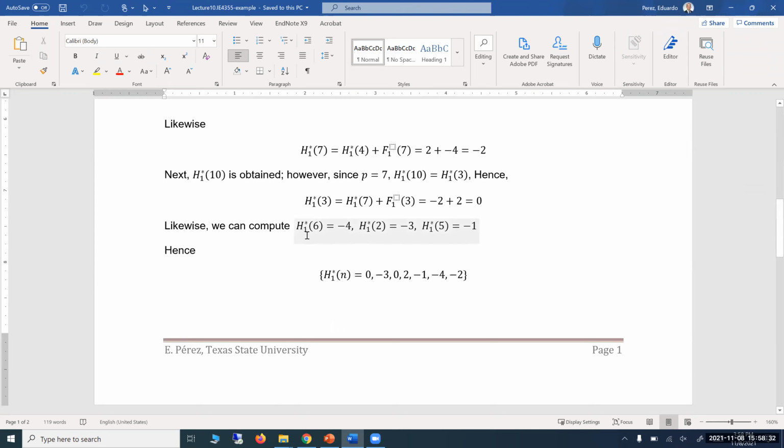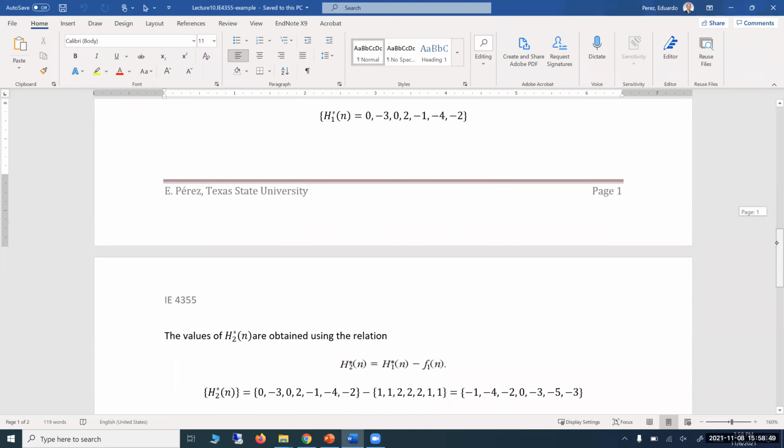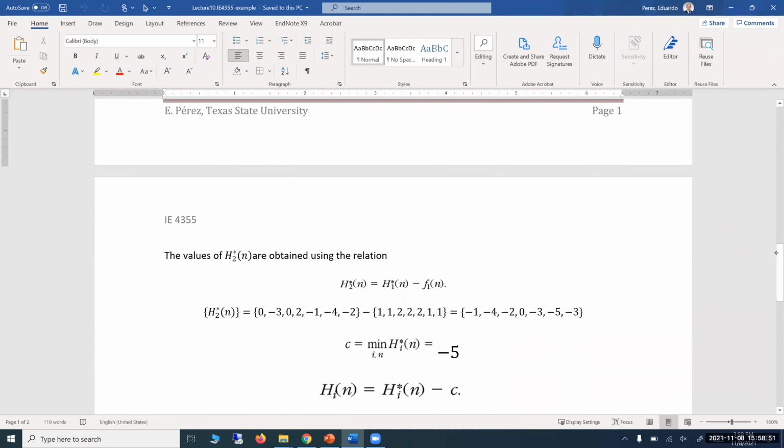So I have here H1 star of 6, H1 star of 2, and H1 star of 5. So my H1 star set is equal to 0, minus 3, 0, 2, minus 1, minus 4, 2, and minus 2. Then using this set, I was able to find the H2 star by subtracting that H1 star and minus F of 1n.